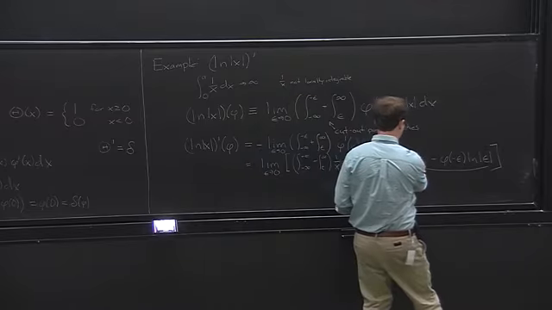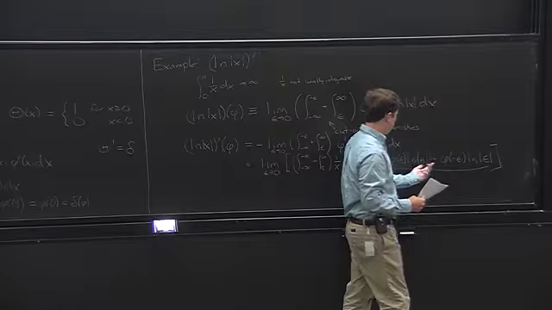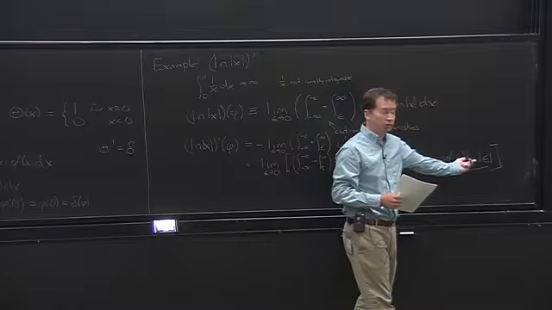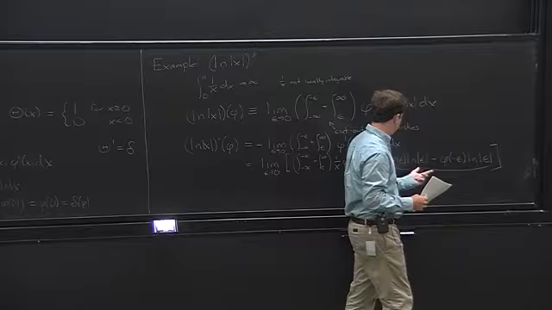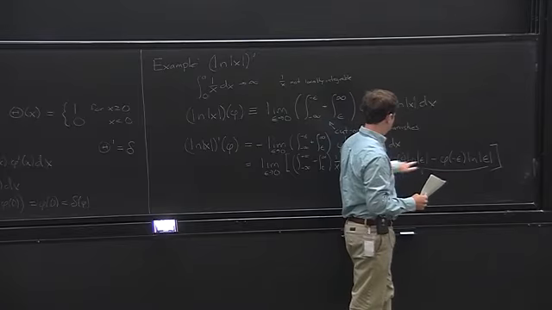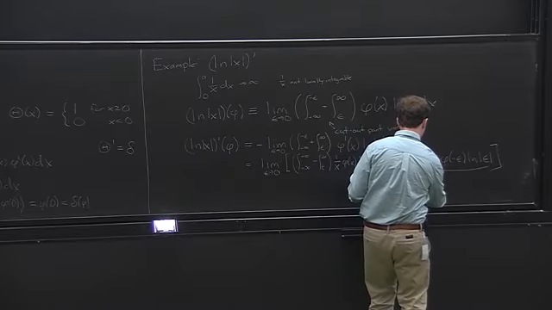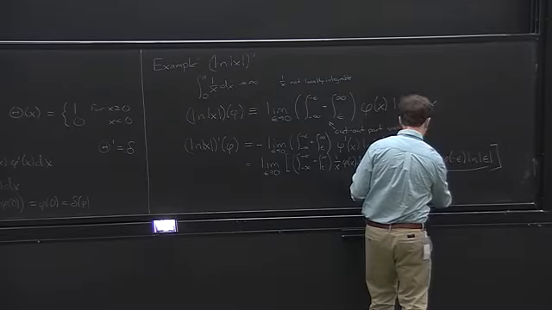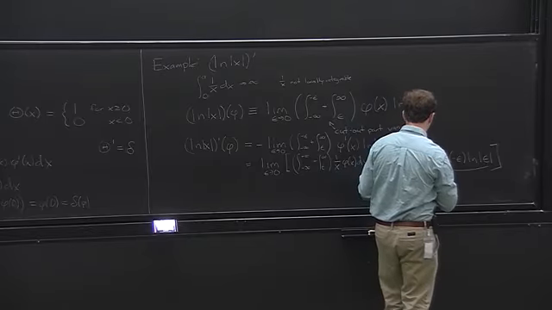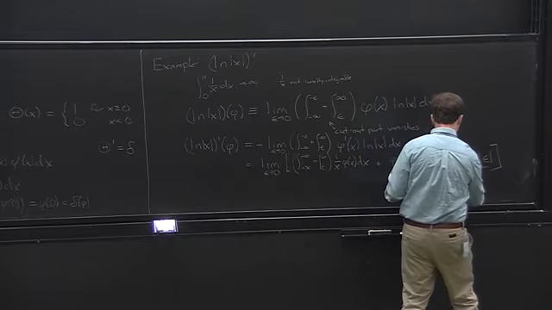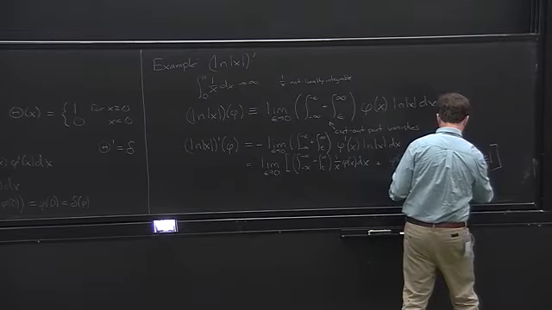To see that, note that there's a common factor of the natural log of epsilon in both terms, and this other term is basically like twice the derivative of phi at 0 times epsilon. And we've got the natural log of epsilon.